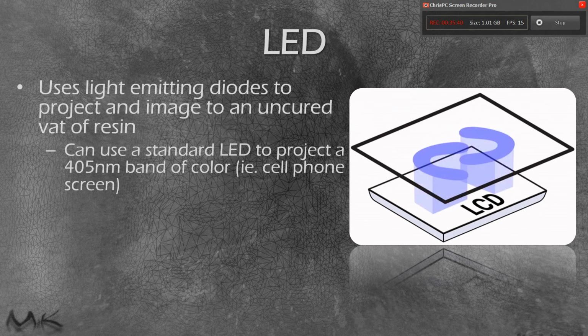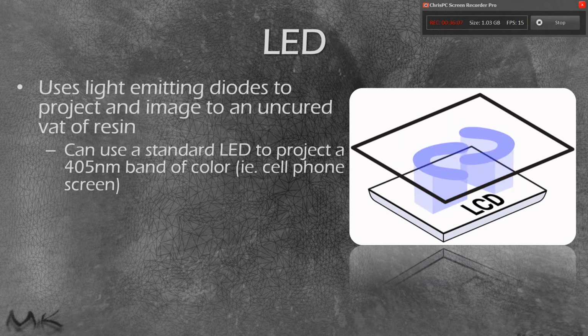These typically cure at about 405 nanometers, and the cheap printers you'll find on Amazon or eBay or Facebook 3D printing groups are pretty much a cell phone screen. They use that screen to project these different slices, so the build platforms are very small, about the size of a large cell phone.